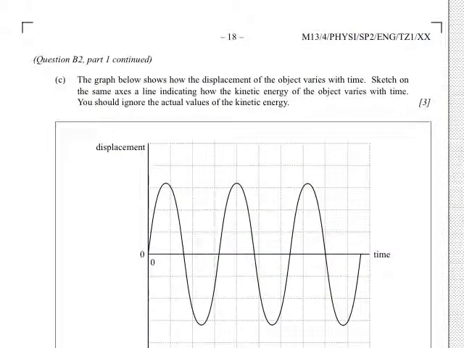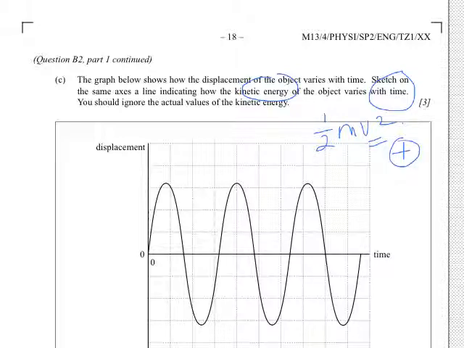Okay, so in this one, we need to plot the kinetic energy of an object over time. Now, kinetic energy, half mv squared, we need to think about what's happening with velocity. We also need to remember that kinetic energy is a scalar, so it will be positive all the time.